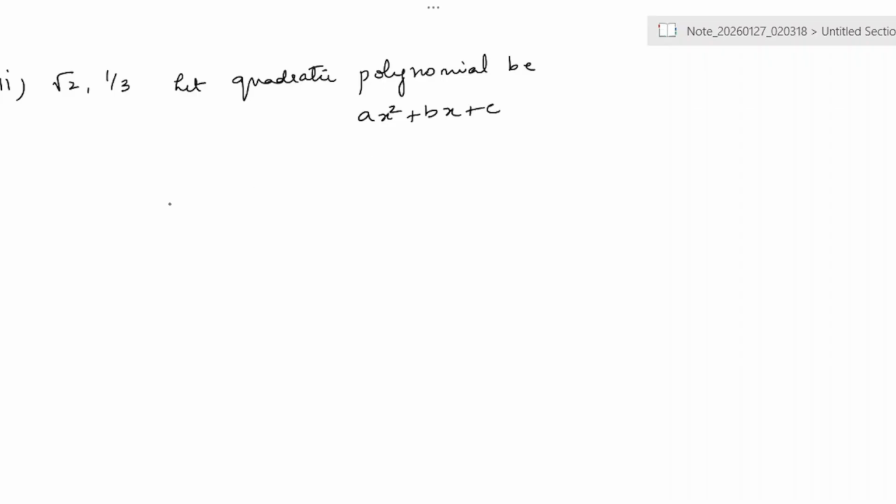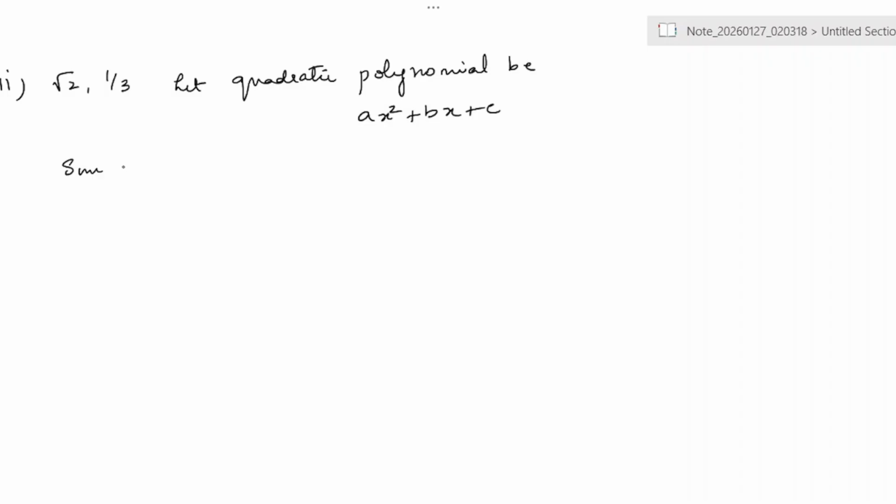Second sum, root 2 comma 1 by 3. So let the quadratic polynomial be ax squared plus bx plus c, and sum of roots.